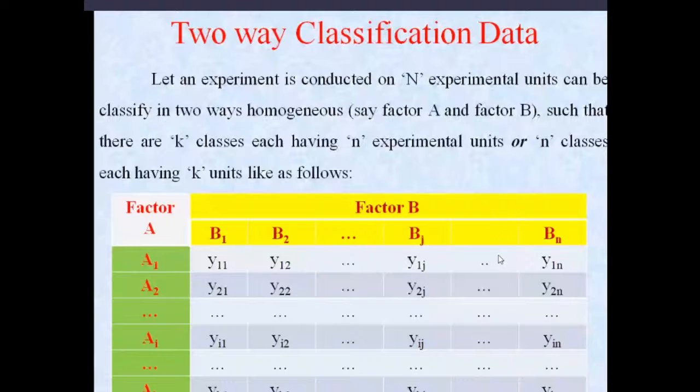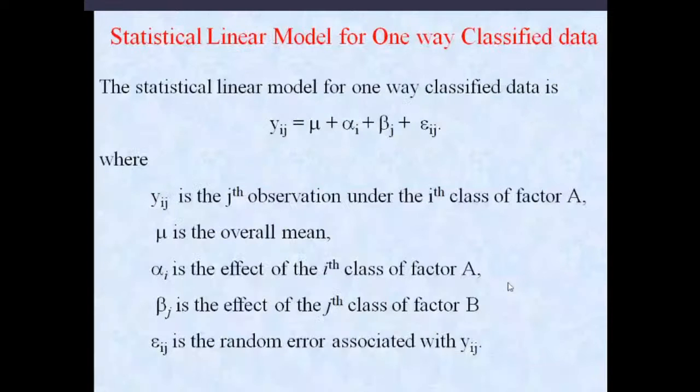Now, these are the different observations. The same type of model that I'm going to use. Here alpha i is the effect due to the ith class, that is row wise, let's suppose, and beta j, which I'm studying corresponding to the column.